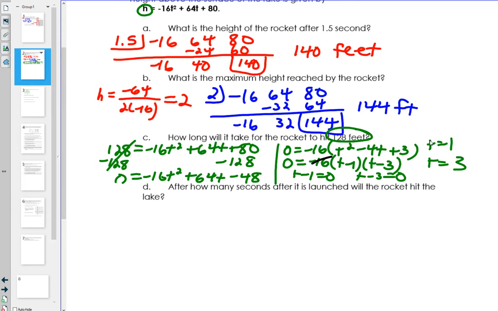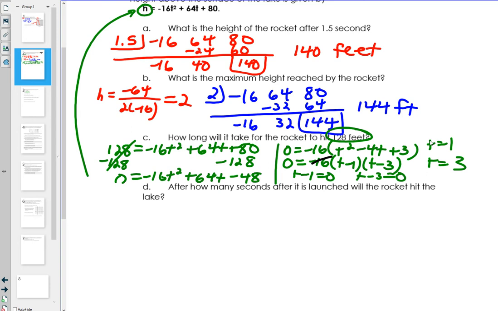After how many seconds after it is launched will the rocket hit the lake? Well, there's a couple ways you can do this. We can go back up to the original, like we did with the last one, and then find the x-intercepts.